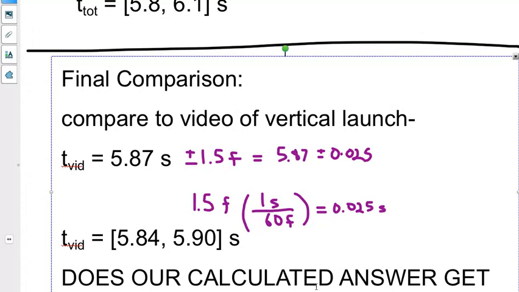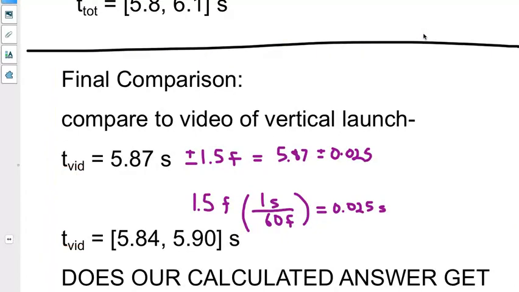What do you think? Somebody say it out. Yes or no? Yes, we are. The video, which we're taking as the truth, says it's somewhere basically between 5.8 and 5.9 seconds. And that fits within our calculation.